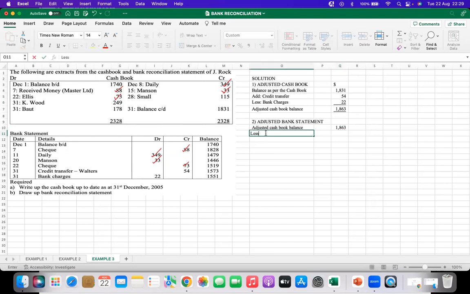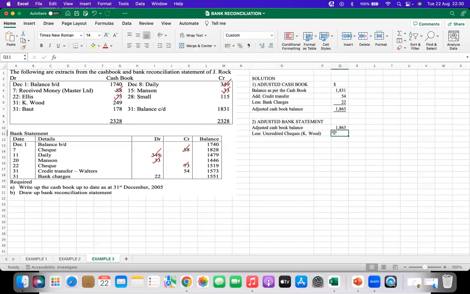You less anything that is debited in the cash book is credited in the bank statement and vice versa. So you less uncredited checks, and the person is K hood.